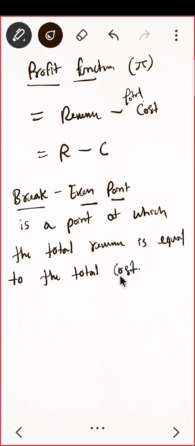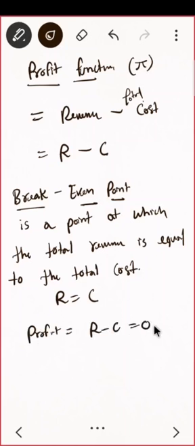Okay, this is called the break even point. That means here your profit will be 0. That is R equal to C. So your profit, that is R minus C, will be 0 here. Correct? Okay.